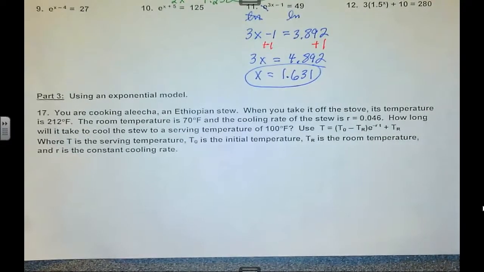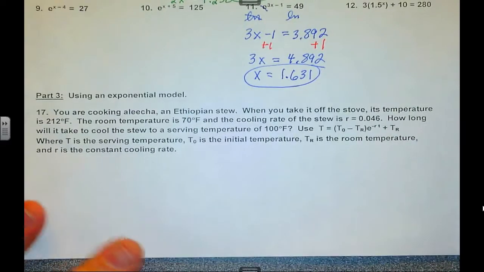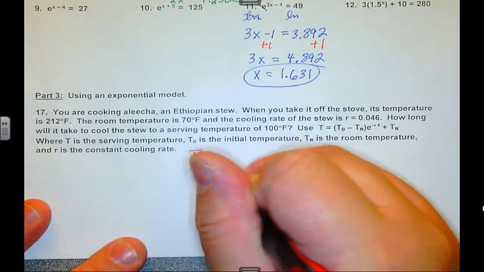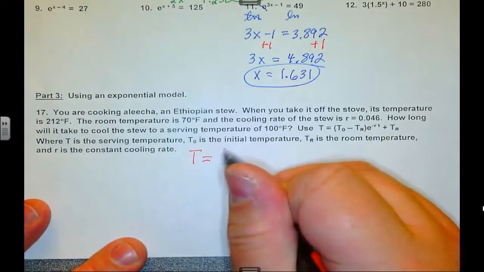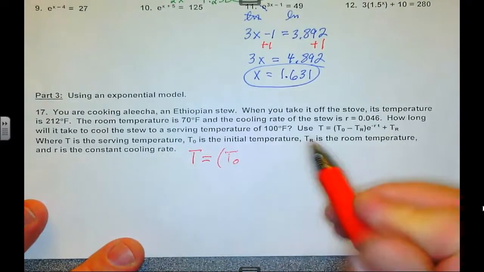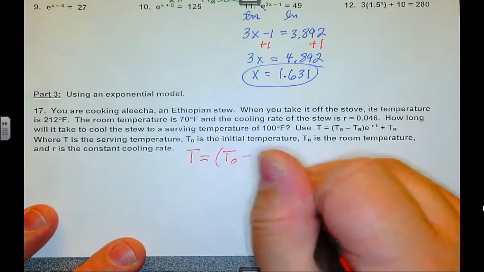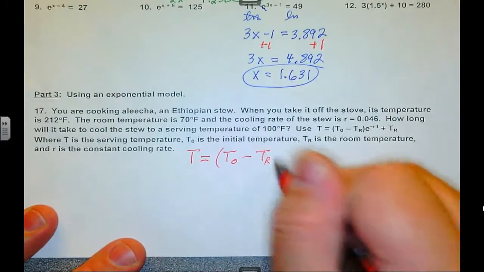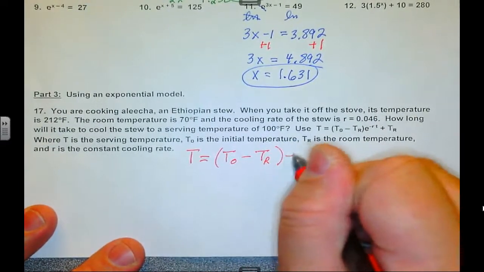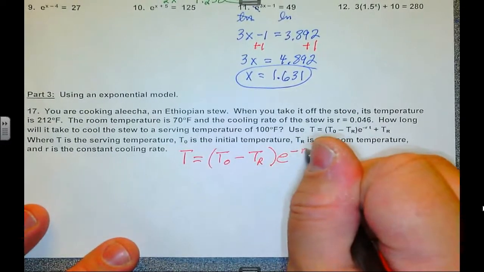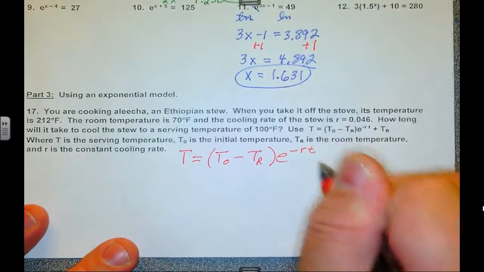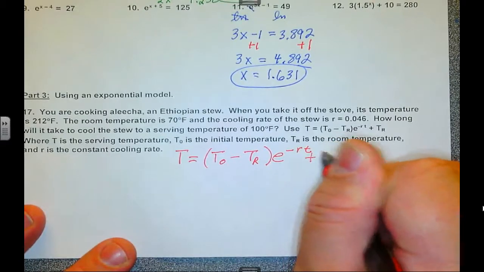How long will it take to cool the stew to a serving temperature of 100 degrees Fahrenheit? Use T equals T naught minus T room temperature times e to the negative rate times time plus room temperature.